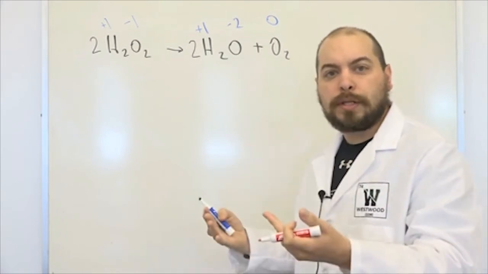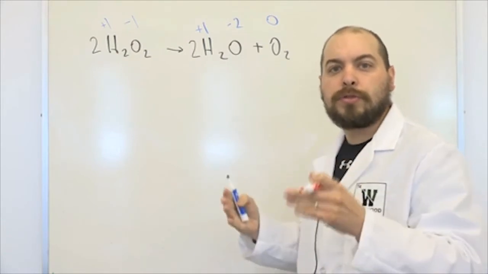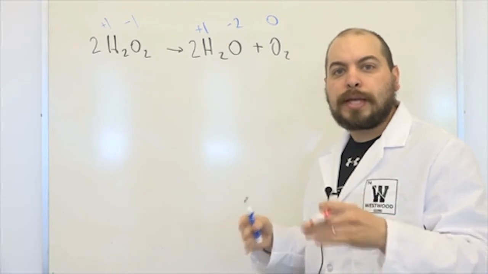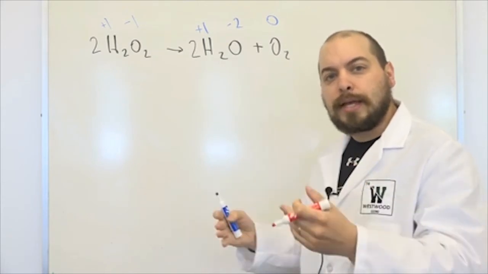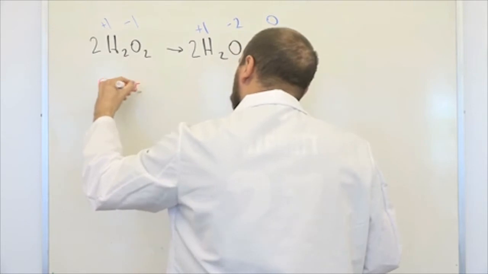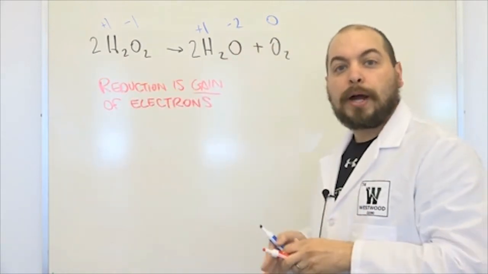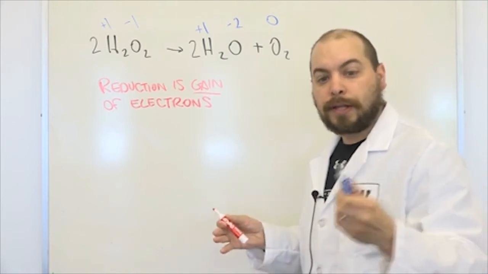We're going to talk about more of this later in the unit, but I want to introduce you to the concept now. The first thing you need to understand is that reduction is the gain of electrons. Meanwhile, oxidation is the loss of electrons.